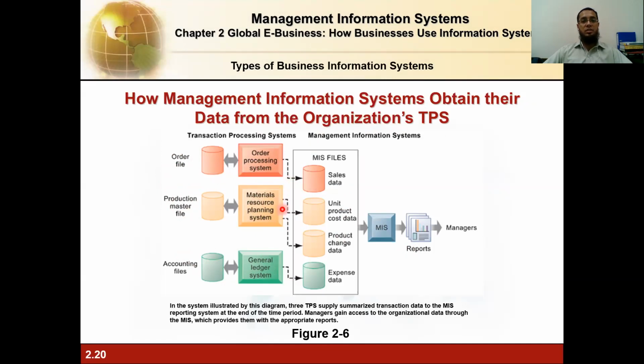The production master goes to the unit product cost data, then the product change data, and the expenses ledger. Overall, this is the TPS, the input to the MIS, which generates reports for the middle managers.